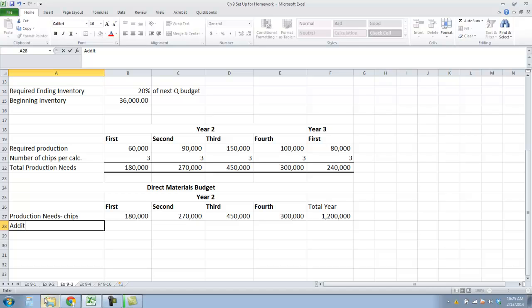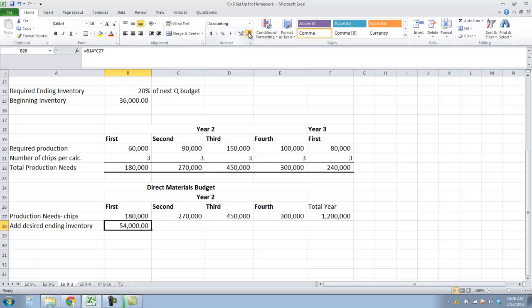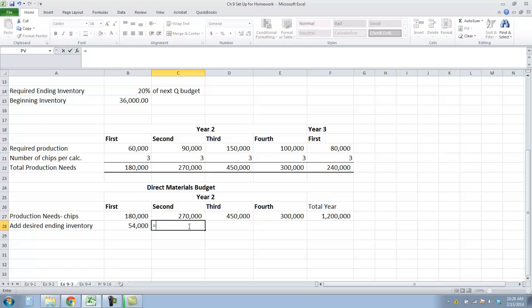Plus, we need to add desired ending inventory. And remember, they told us that desired ending inventory was 20% of next quarter's budget. So in the first quarter, it would be 20% of the second quarter budget. In the second quarter, it would be 20% of third quarter budget.